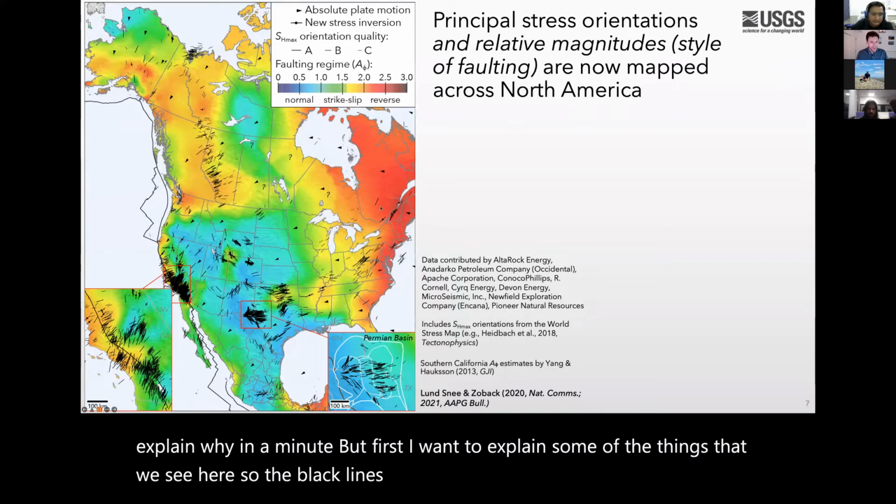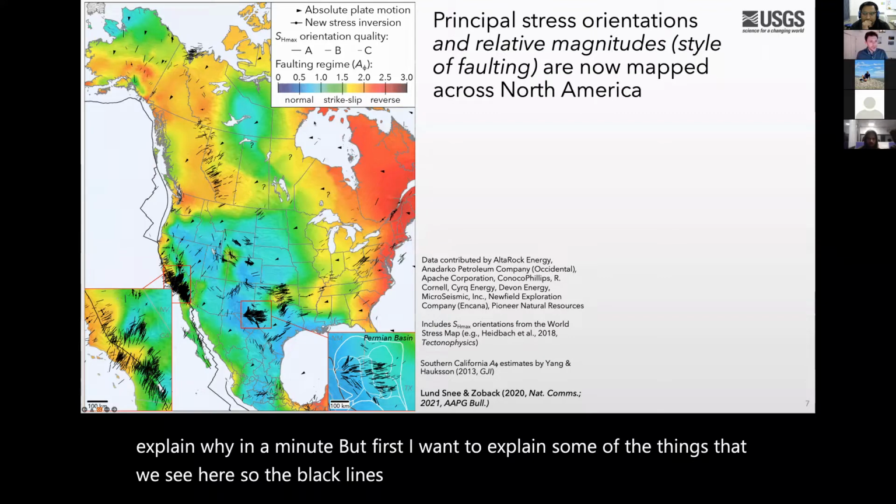Okay, so you can see already trends apparent in these orientations. For example, in the eastern part of the continent, SH max is more northeast-southwest, and then there's a gradual rotation westward into the central parts of the continent. I'll be talking a lot about Oklahoma and Texas shortly from an induced seismicity point of view.